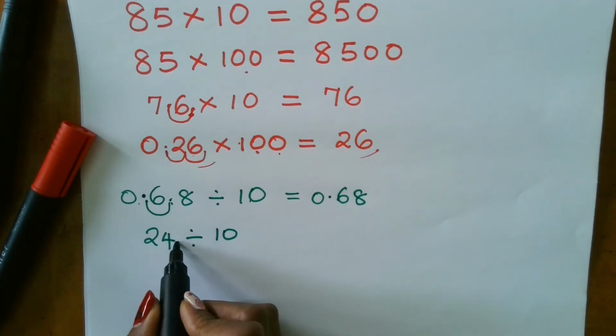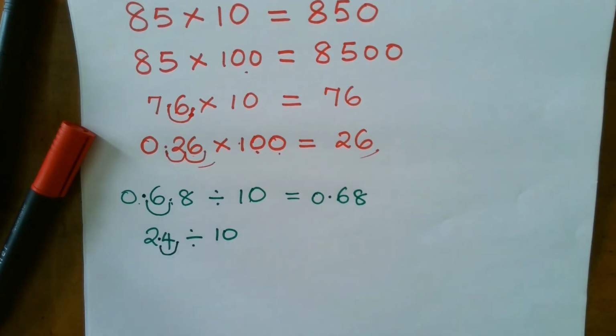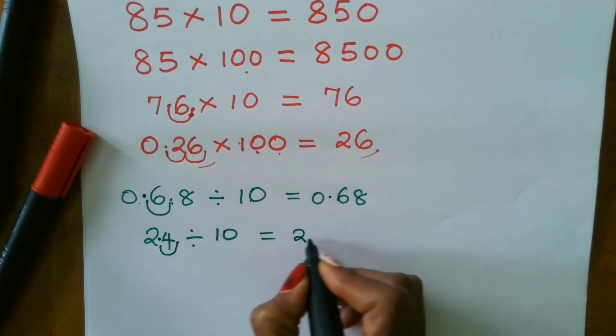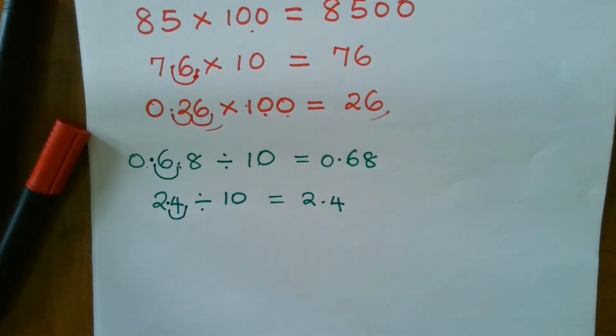I'm going to move 1 space to the left, and the decimal point will be in between 2 and 4. So my answer is going to be 2.4. Whenever you're multiplying by multiples of 10, you have to move to the right. When you're dividing by multiples of 10, you have to move to the left.